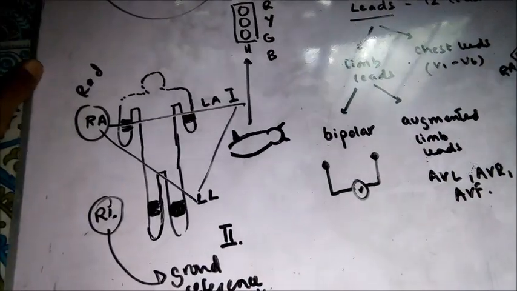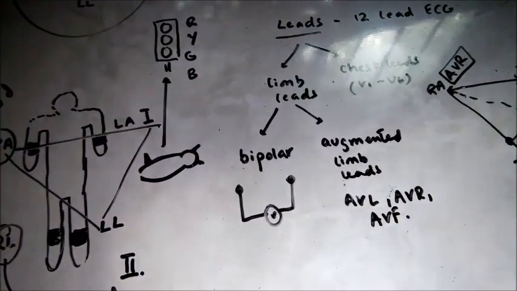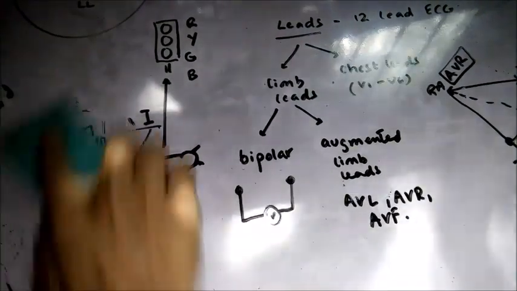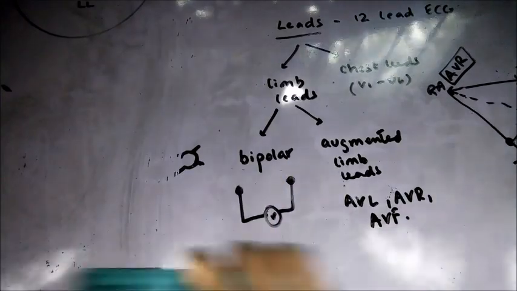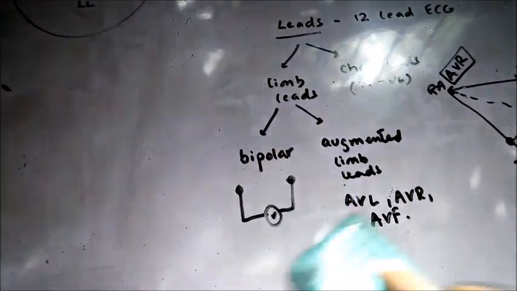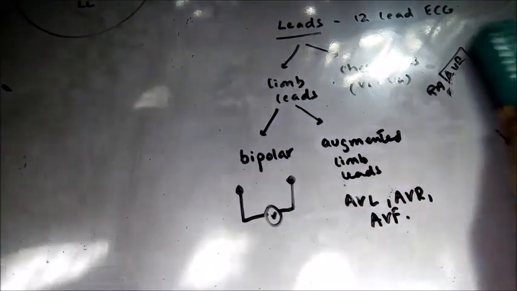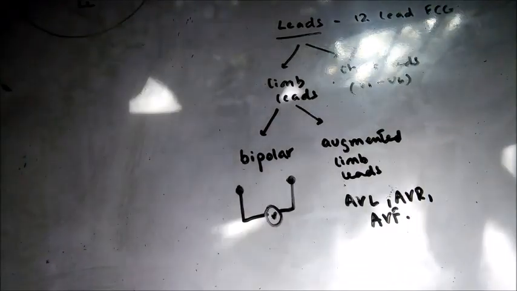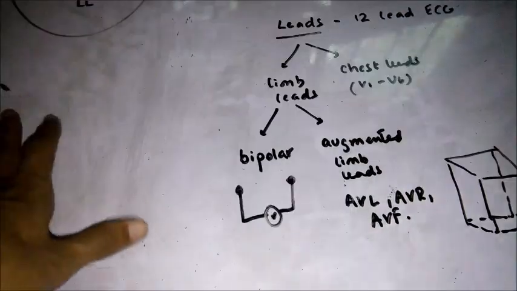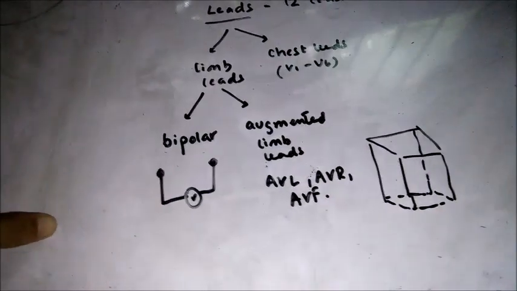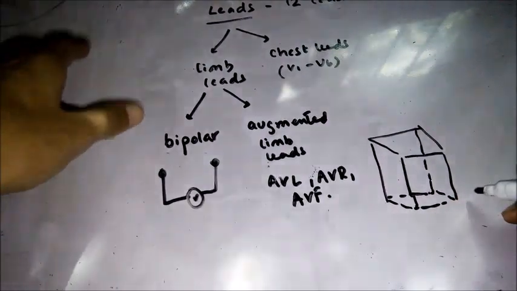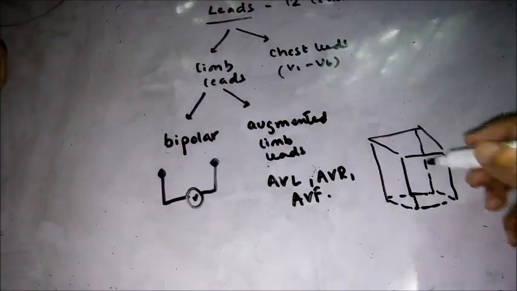So moving on, let's do the chest leads, right? So we know what the limb leads are, and now we have another representation that is shown by the chest leads. If this is a box, the box is a 3D structure, and so is the heart.